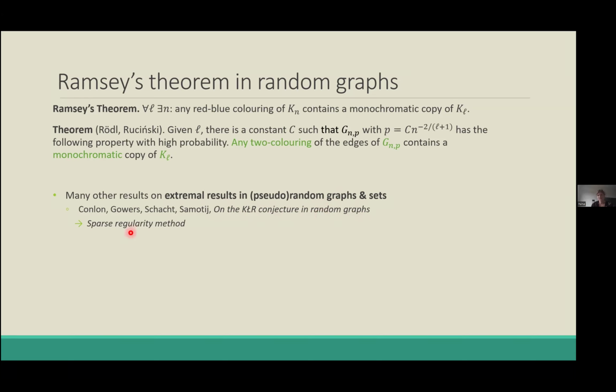But for sparse graphs, the problem was that we don't have corresponding embedding theorems. The KŁR conjecture is a corresponding embedding theorem, and it is proved with the kind of techniques that I'm talking about today. It actually gives a very cheap proof of many of these results, such as the Ramsey theorem that I stated above. But again, it came much later.